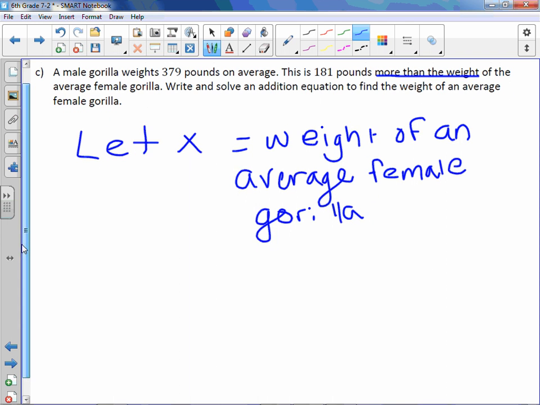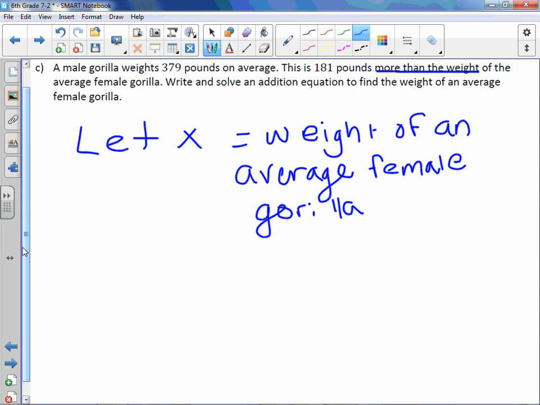Okay. So a male is 379, and this is 181 pounds more than the weight of the female. So the weight of the female is x, we don't know what it is, plus the 181 pounds, and altogether that equals what the male gorilla weighs on average, which is 379 pounds.